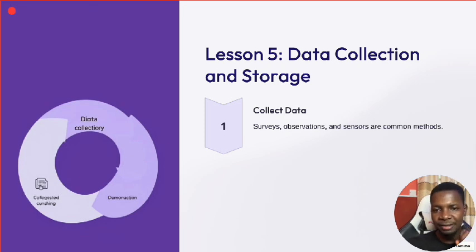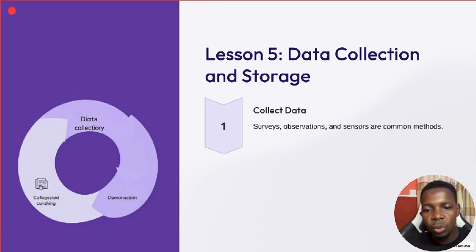Another one is observation. Observation is you sitting down to say, I want to know what is happening here. Now you start taking your records from what you are seeing or what you hear. That is observation. That is you taking your stock, your data directly. This can only be a primary source of data. So observation is another method of collecting data.